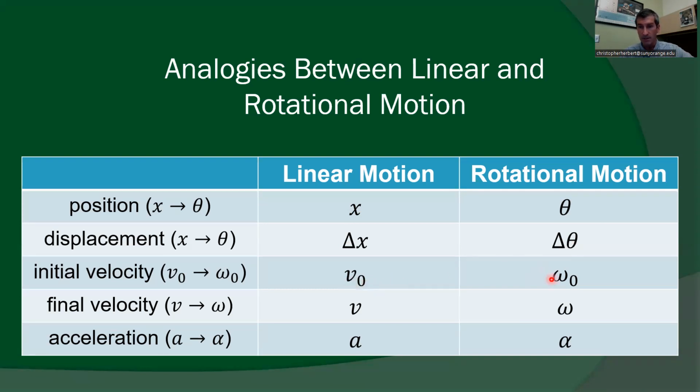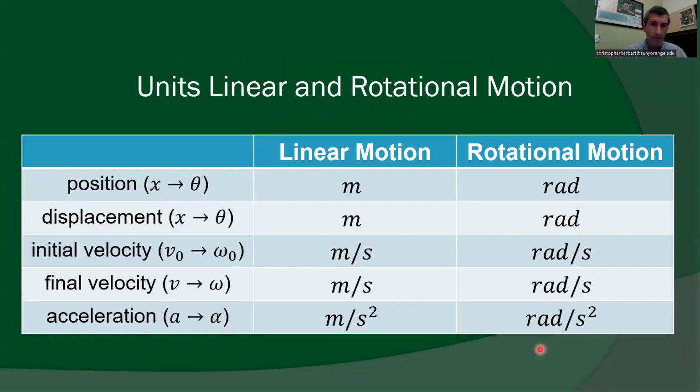V0 just becomes omega 0 for initial velocity, and our final velocity just goes from v to omega. And acceleration, a, looks very much like alpha, but we are going from letters to Greek alphabet letters.